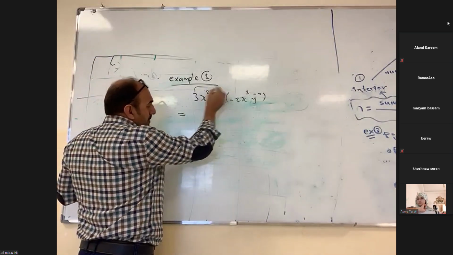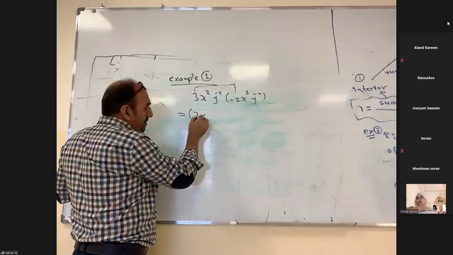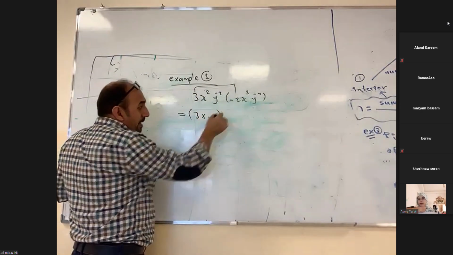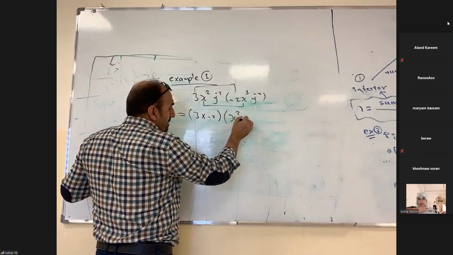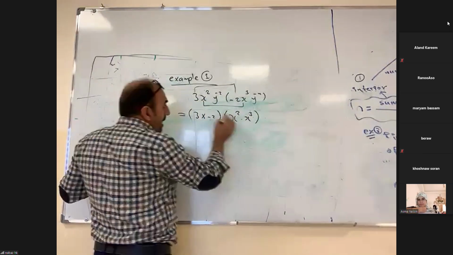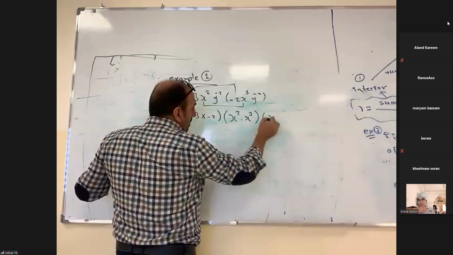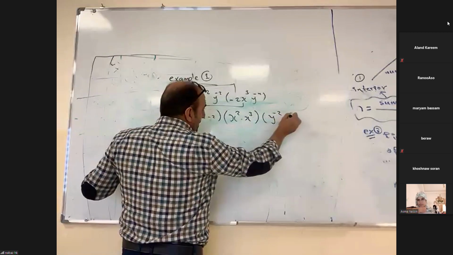Number with number, that means 3 times negative 2, and x squared with x to the power 3, and y to the power minus 2 with y to the power minus 4.